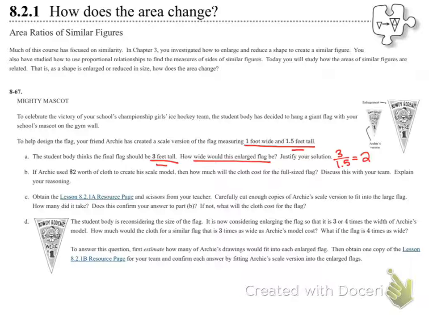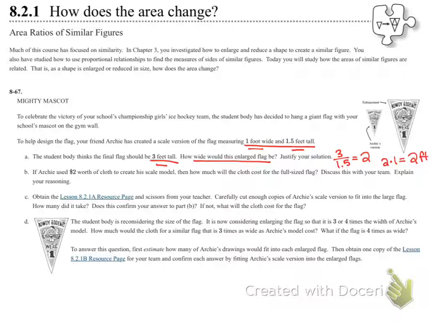If the height grew by 2, then the width needs to grow the same amount. The original width was 1 foot, so our new width would have to be 2 times 1 foot, which is 2 feet. Because if the height grows at a certain rate, then the width needs to grow at that same rate. Okay, so remember that's called the zoom factor. The zoom factor for these would be 2.